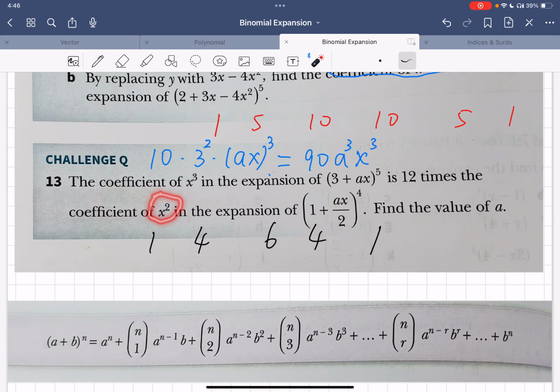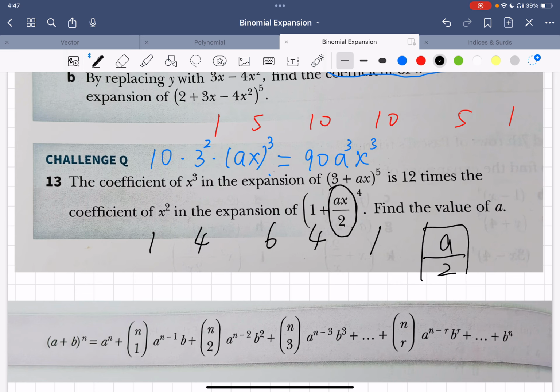And is there any other variable that will influence or affect the result of the power of x? No. Simply saying, the coefficient for x is a over 2, right? And it's a constant, even though it's got an a here, a is a constant.